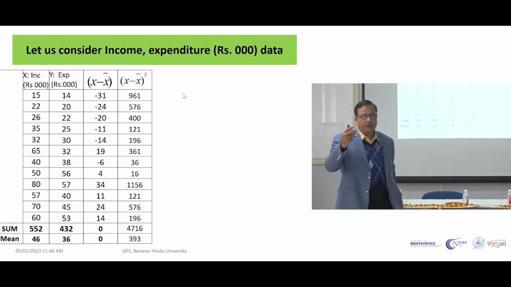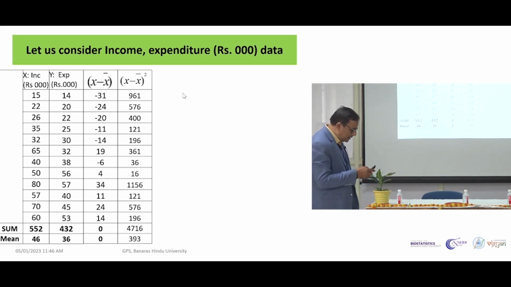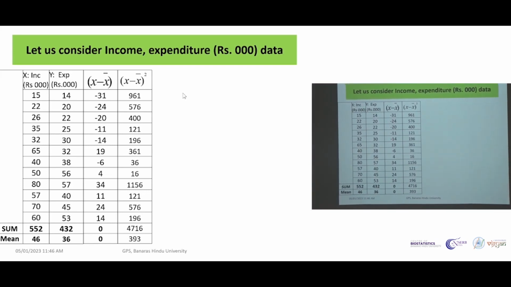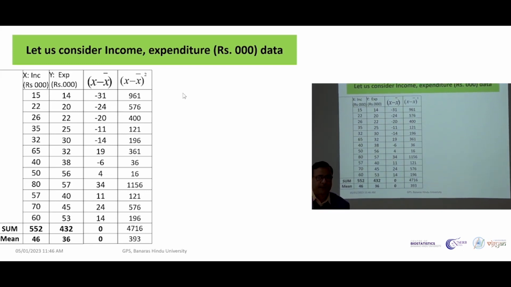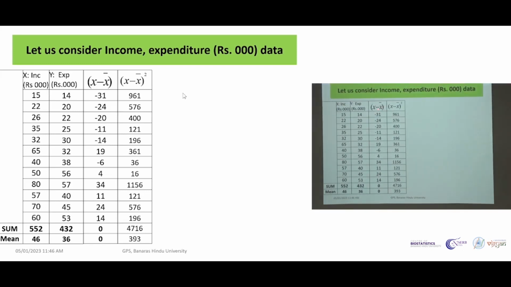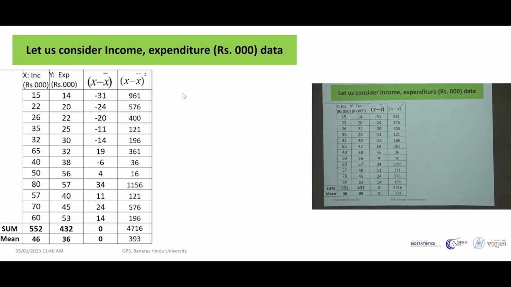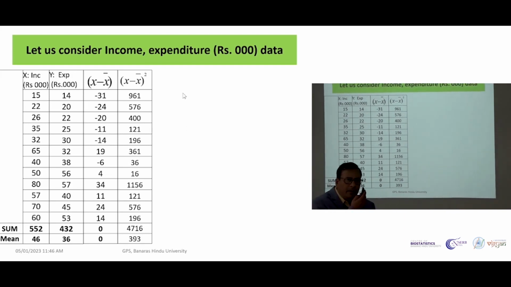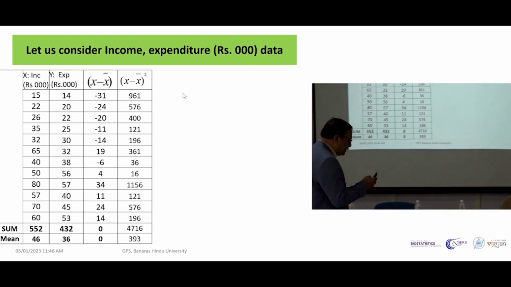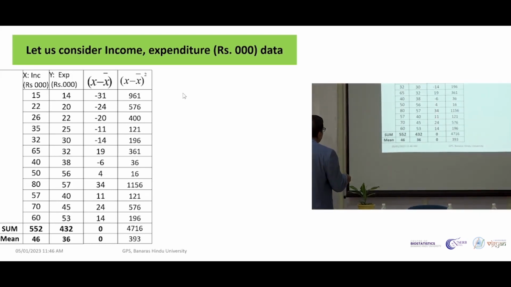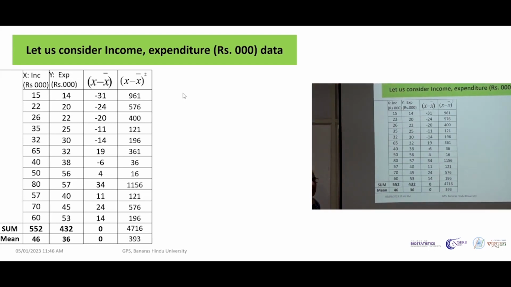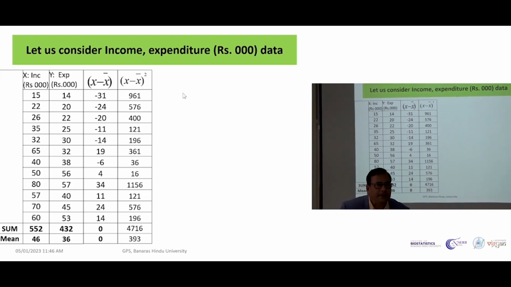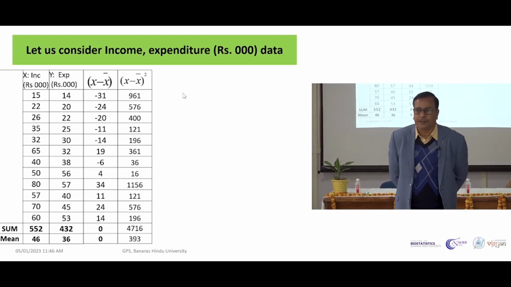Then people adopted two policies. The basic funda was to delete this negative sign. So two techniques were adopted. One was squaring the deviation and another was absolute deviation. In absolute deviation, we just sum these values ignoring the sign, and then we calculate mean, and it is called mean deviation or absolute deviation.